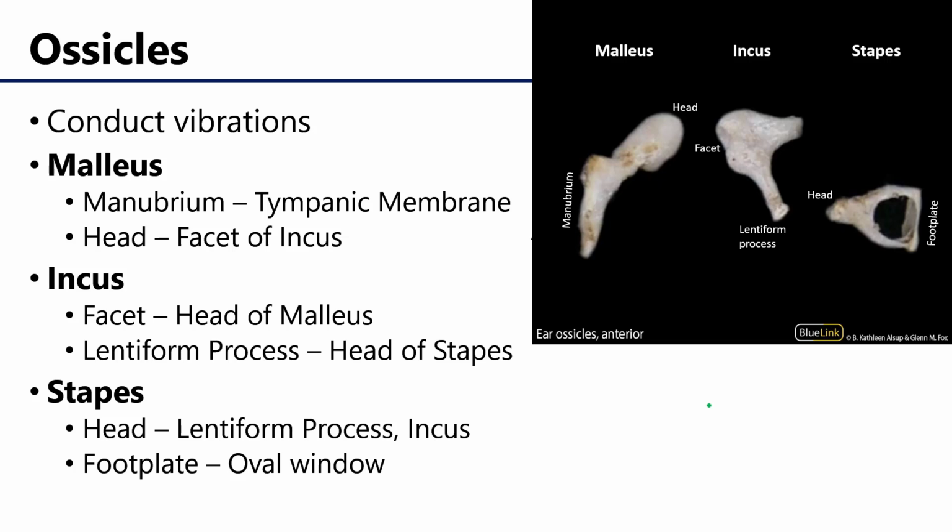So let's talk ossicles. There are three small bones, so ossicles, within the middle ear. These are homologous with jaw bones of our ancestral organisms, and the phylogenetic and developmental pathways of these bones are very well documented embryologically, phylogenetically, and paleontologically.